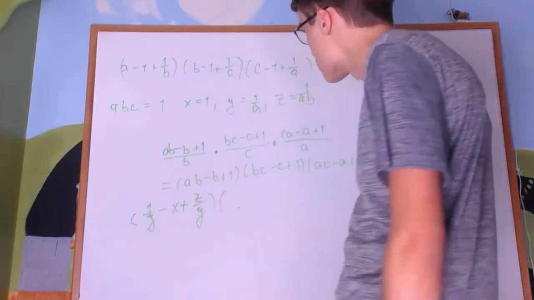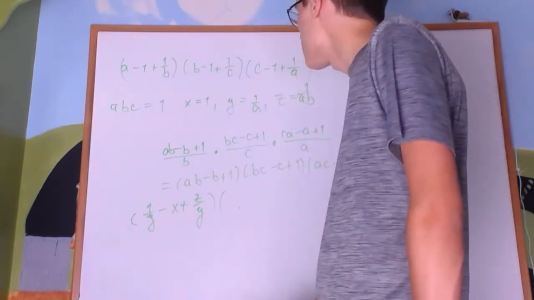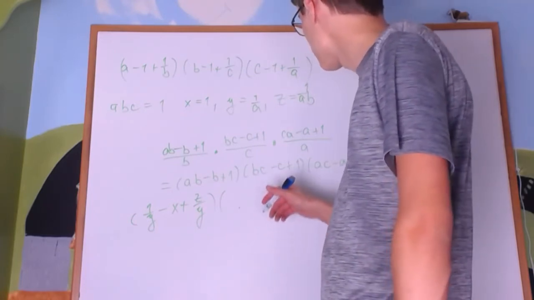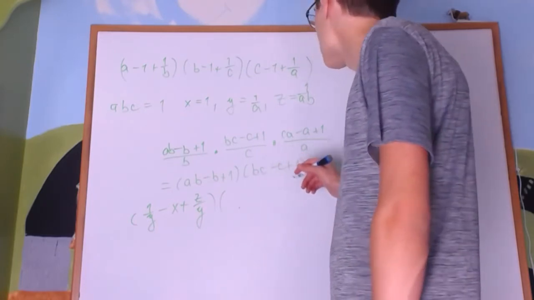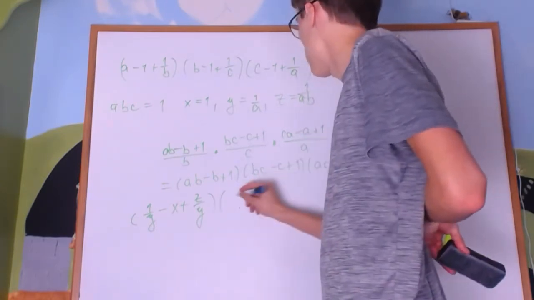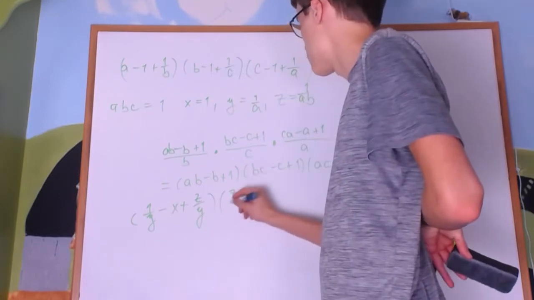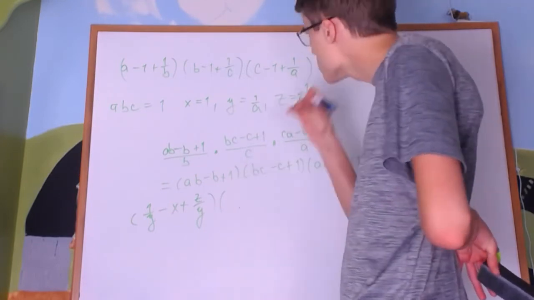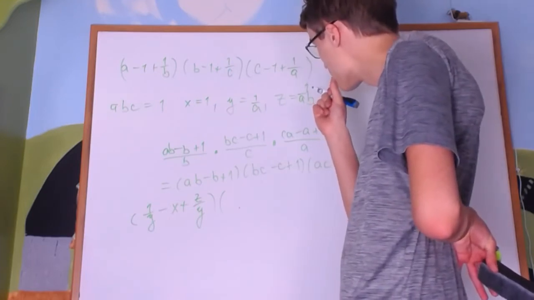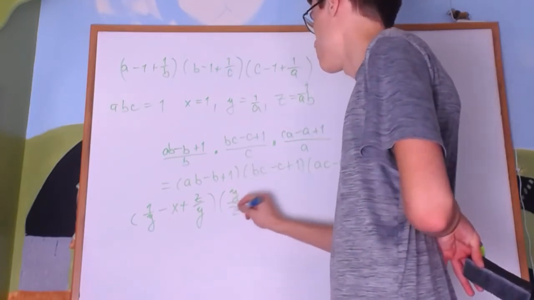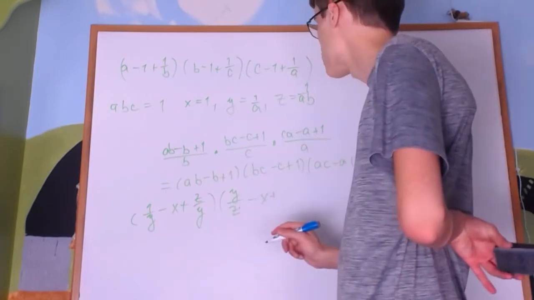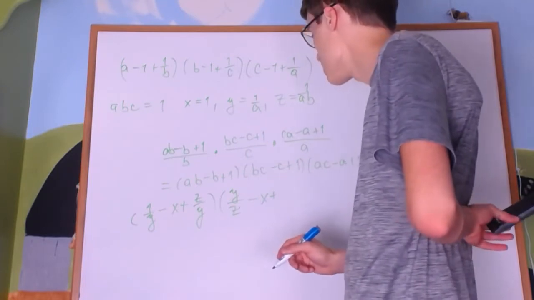Alright, times b minus 1. So b, yeah, it's still really hard to represent. It's z over y. I just talked about that. It's z over y, be 1 over b, so y over z would be b minus x plus 1 over c.